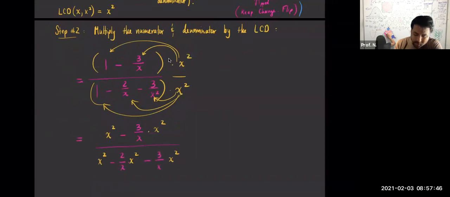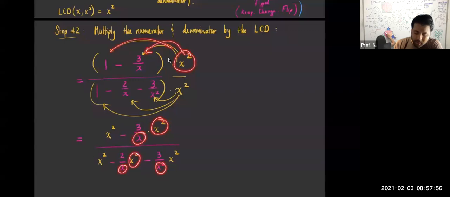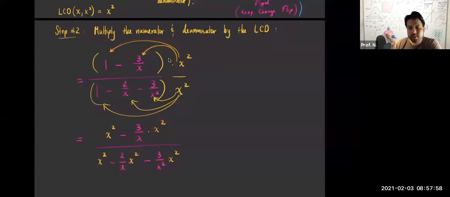I want you to see that when you distribute the x squared, the denominators all get canceled out. Because when 3 over x is multiplied by x squared, I can also consider that to be a 1 over 1, and some things cancel.